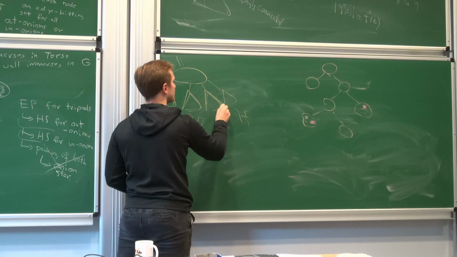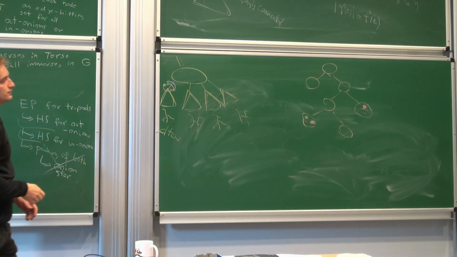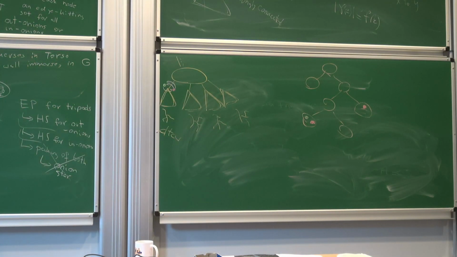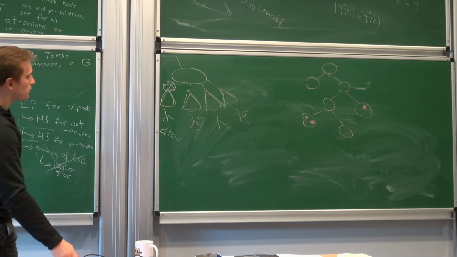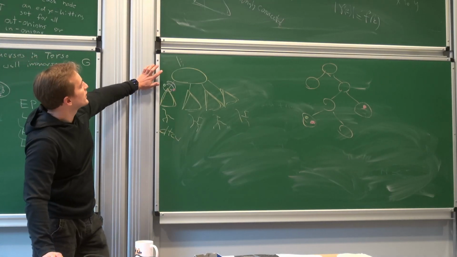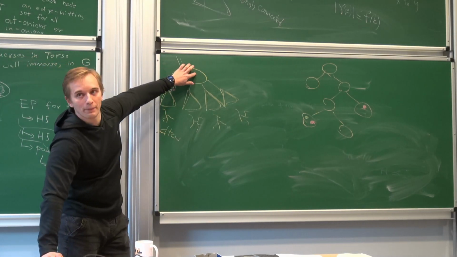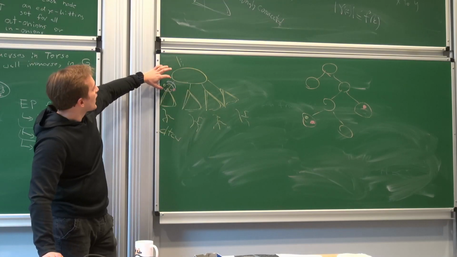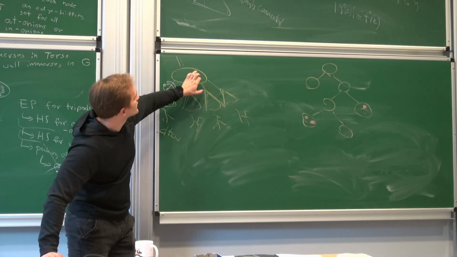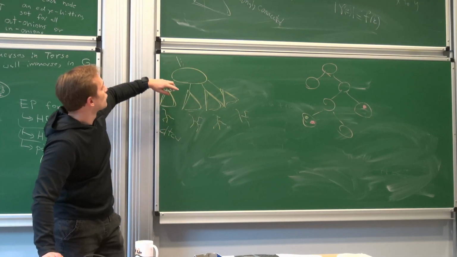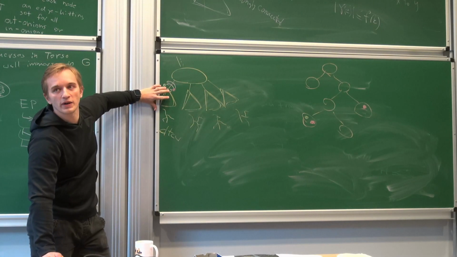So a potato decomposition is given for a fixed part of the... So a potato decomposition tells me subsets of vertices per bag, and edge hitting sets for each edge, for cuts in the digraph induced by this edge.